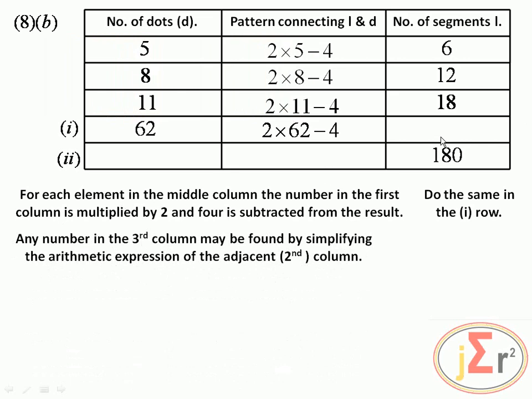So whatever we have here is the simplification of this arithmetic process. So we have 2 times 5 minus 4 is equal to 6. Of course, 10 minus 4 is equal to 6. So we'll do the same down here. 2 times 62 minus 4, we have 120.